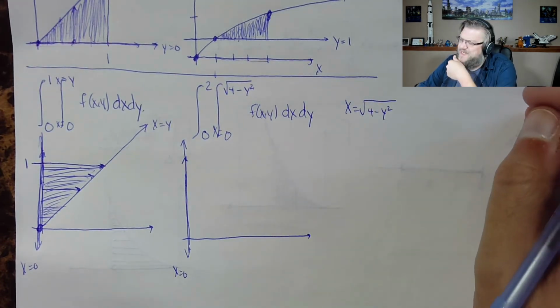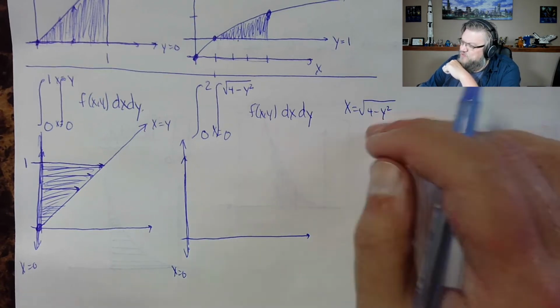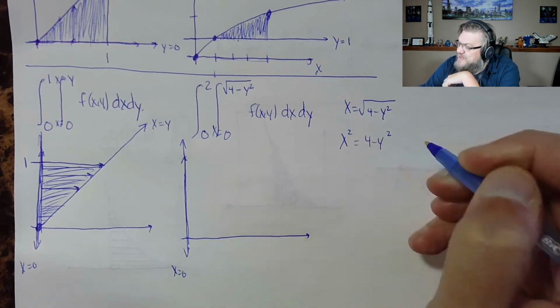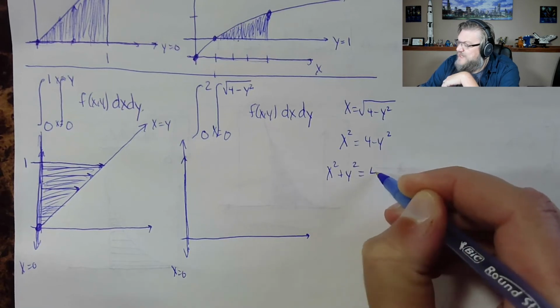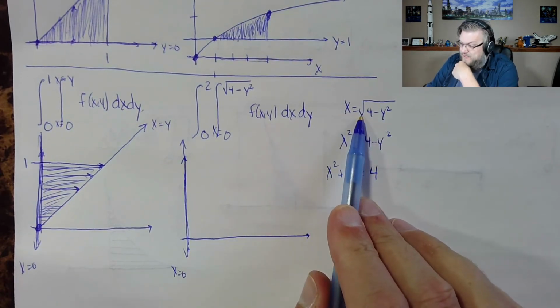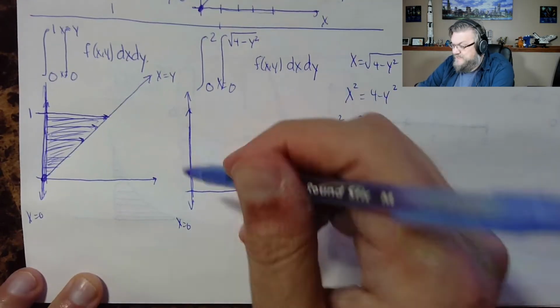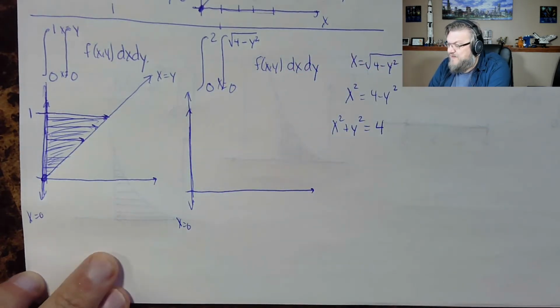Now you might not understand right away what shape that is, but if you square both sides, you get x squared equals 4 minus y squared. And if you add y squared, you get the form of a circle. Look at that. But since x is the positive square root, this curve is only the semicircle, isn't it? On the positive side of x, right?